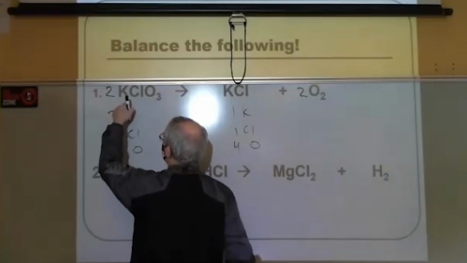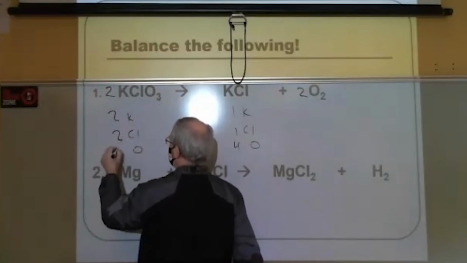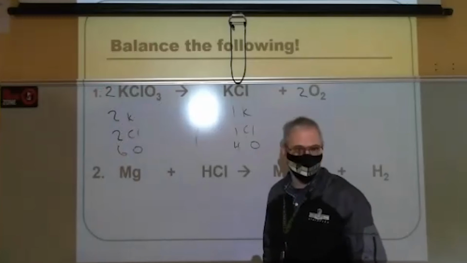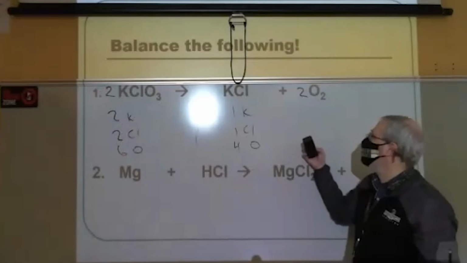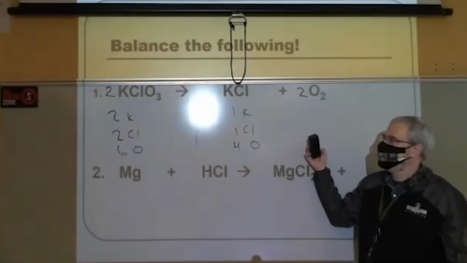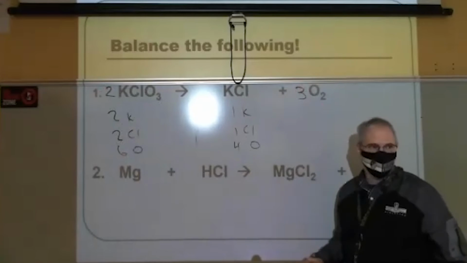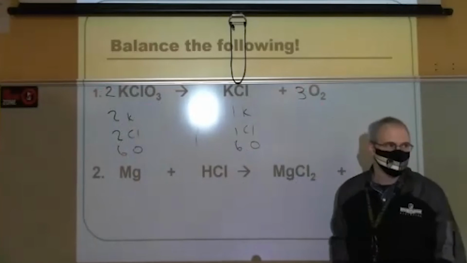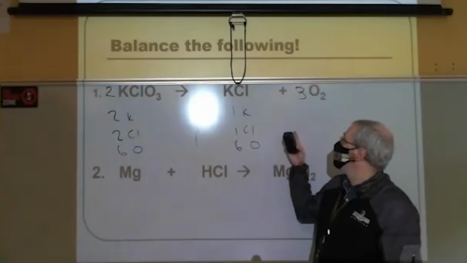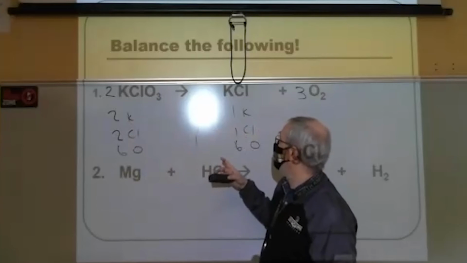So now I'm going to have 2 potassium, 2 chlorine, 2 times 3 is 6 oxygen. That tells me I'm going to need more oxygen over here. I can get 6 if I put 3 up here. Now I'm going to have 6. So I now have K and Cl that each need 2.